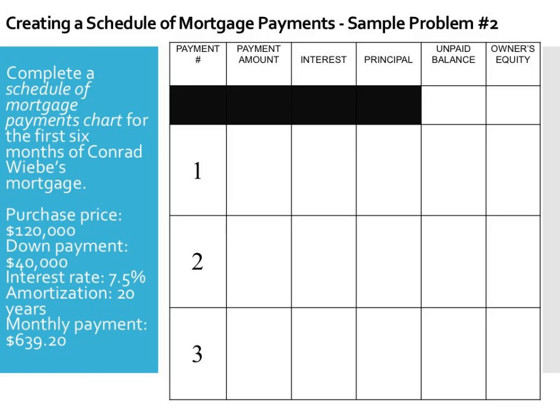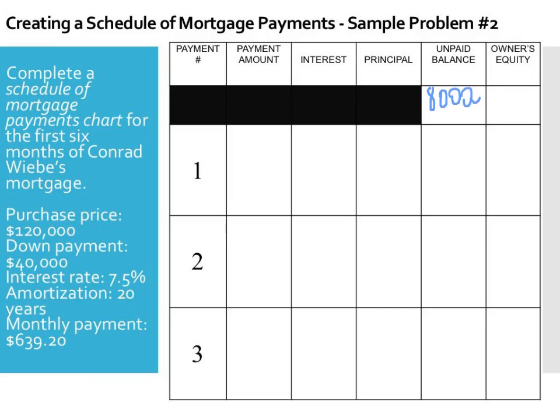If we go to the example question, again we're dealing with the question with Conrad. It's the same question from the first tutorial. I'm going to start by putting in the unpaid balance, which to start with is the amount of the mortgage. With Conrad that was $80,000.